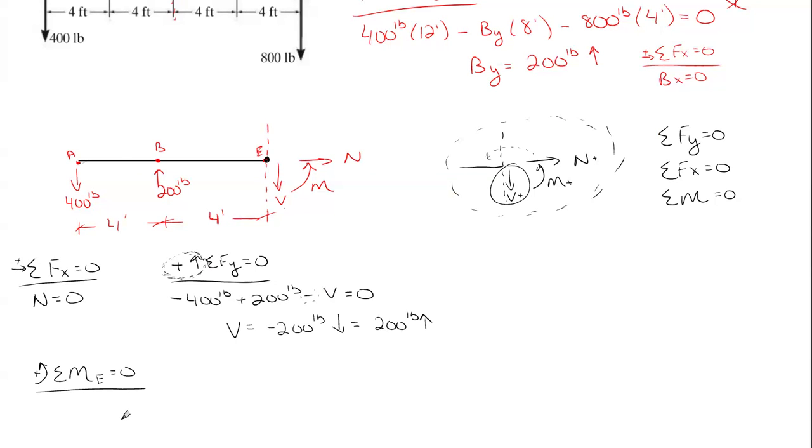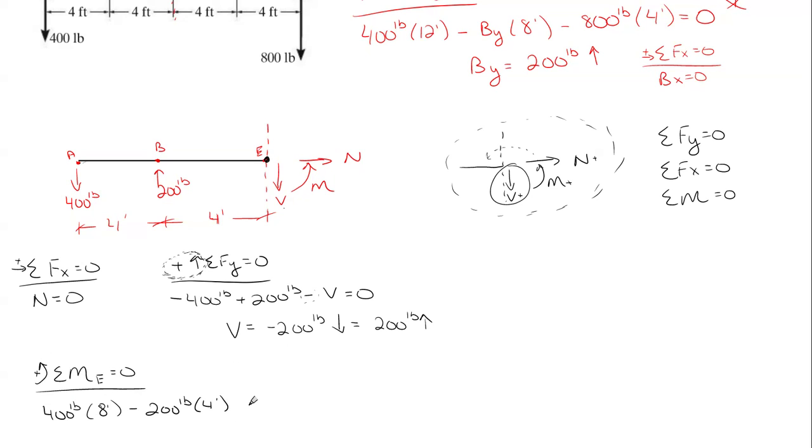So summing moments at E. Well, I will have 400 pounds rotating counterclockwise about E, so that is positive based upon my sign convention for my summation equation, which is 400 times 8 feet. And then 200 pounds, which would be negative because it's rotating clockwise, so negative 200 times 4 feet. And then V and N have no perpendicular distance because they are right through E. M is a moment.